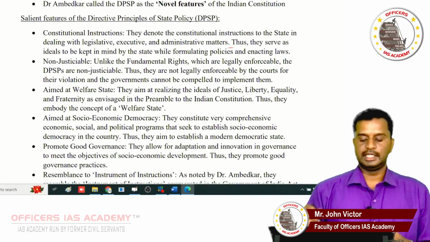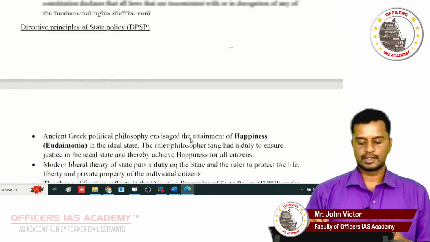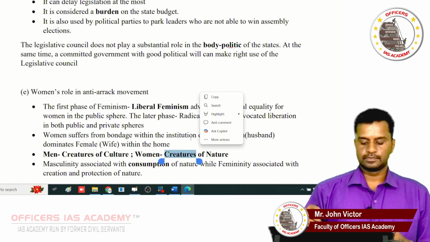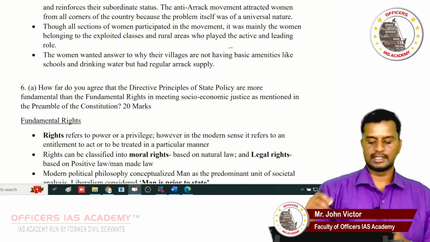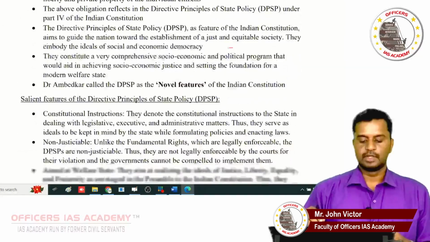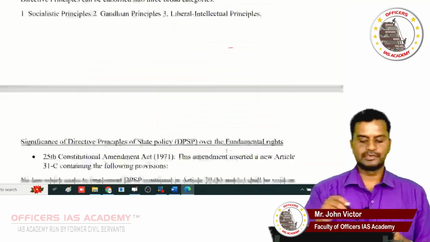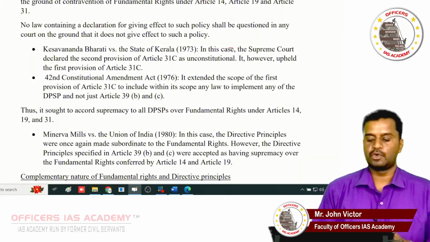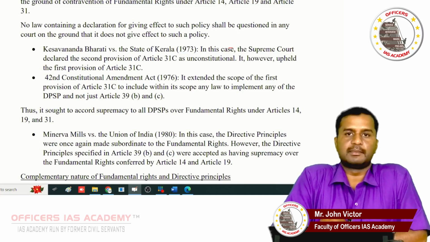You can write DPSP further, taking from GS, and you have to substantiate how the DPSP are more fundamental than the fundamental rights. You can quote different judgments of the Supreme Court as well as observations where the Supreme Court has given importance to both fundamental duties and the fundamental rights.